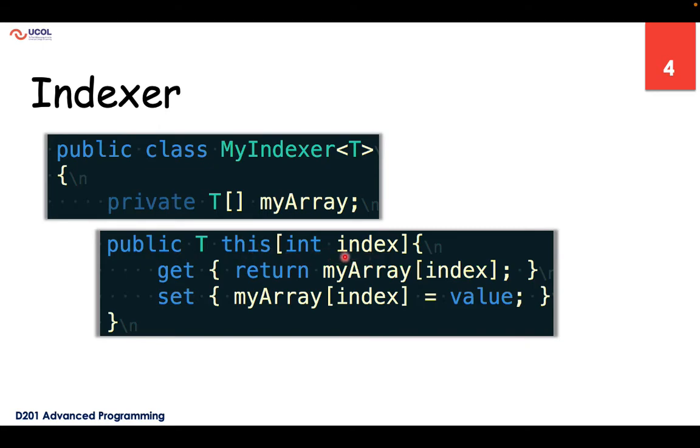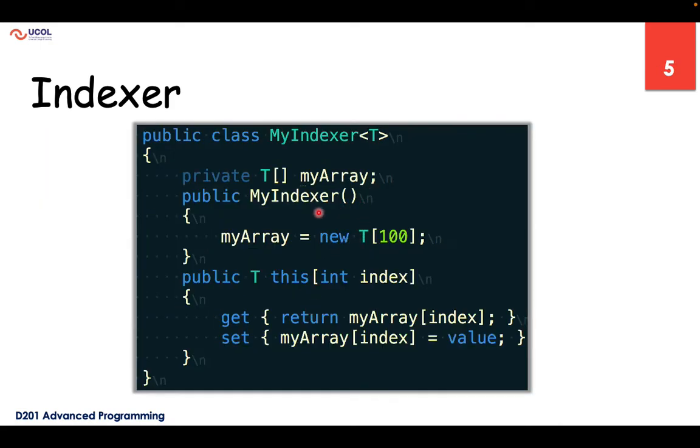So we are providing in the brackets some integer value, and then we can get that particular index. If we want to get the value, we go into that array and return the value at that specific index. Or if we want to set, then whatever value is coming will be assigned to that index position in that array.